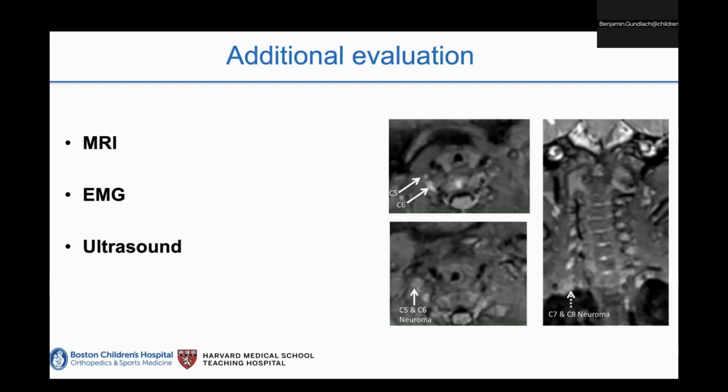Similarly, ultrasound is another test that has been used to, in more real time, categorize nerve root injuries, as well as allows for easy real-time dynamic imaging of the shoulder in brachial plexus birth injury.